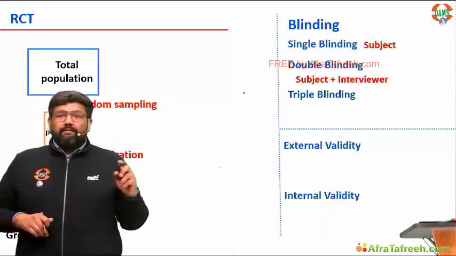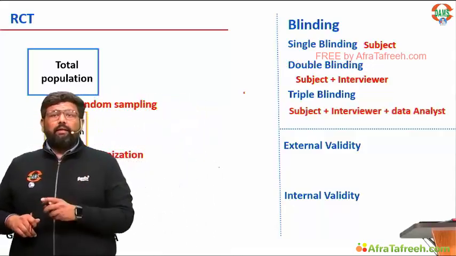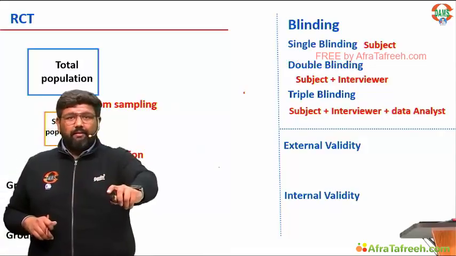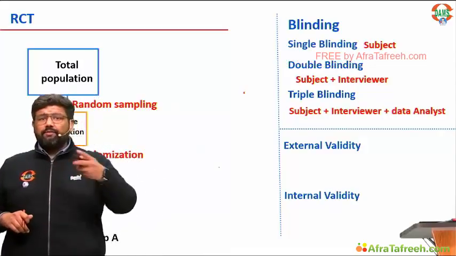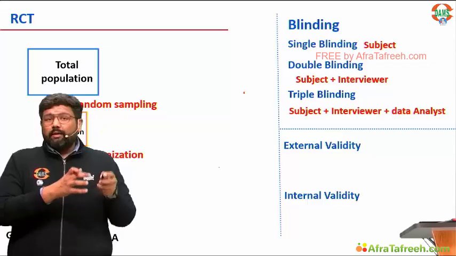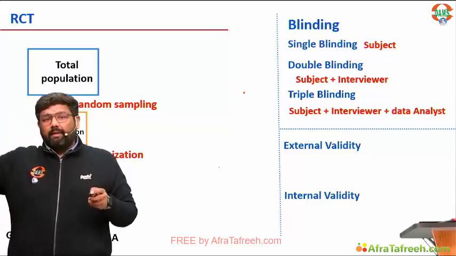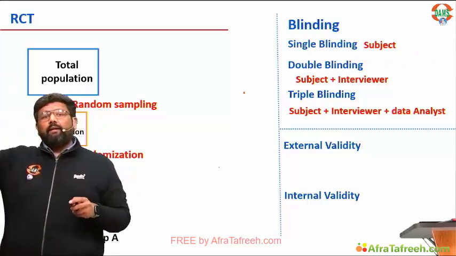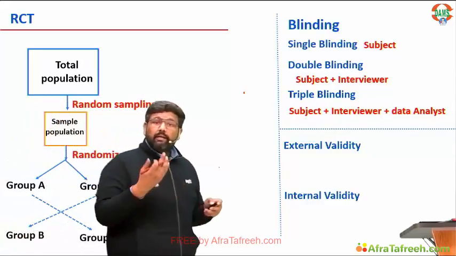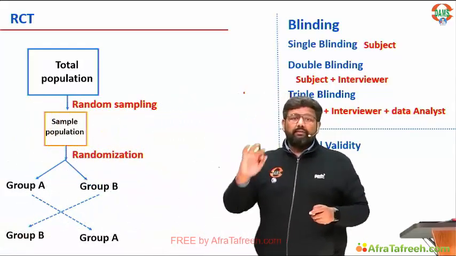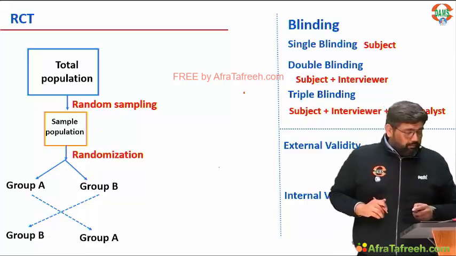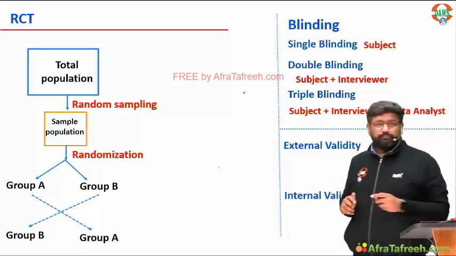I am not aware which drug he is getting. Also, the data analyzer. So I'll be collecting the data and giving it to one statistician. He is also not aware which drug he is getting. This is triple blinding.